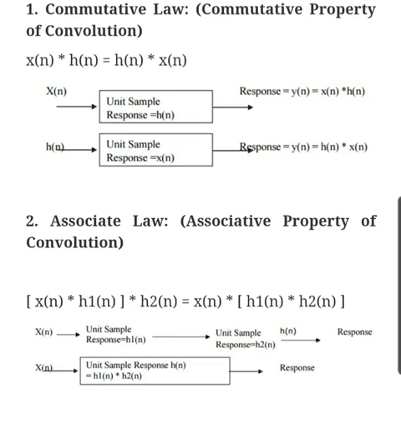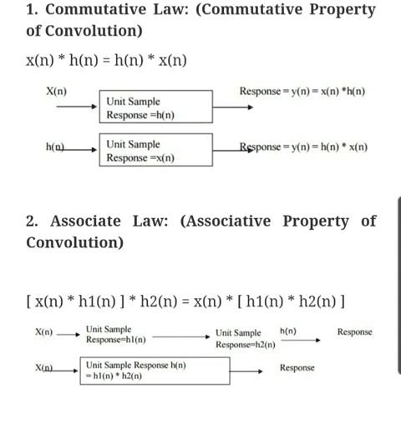So we can write this equation as summation k goes from minus infinity to infinity of x(k) h(n minus k). In this equation, h(n minus k) is the folded, delayed sequence, while x(k) is unchanged.